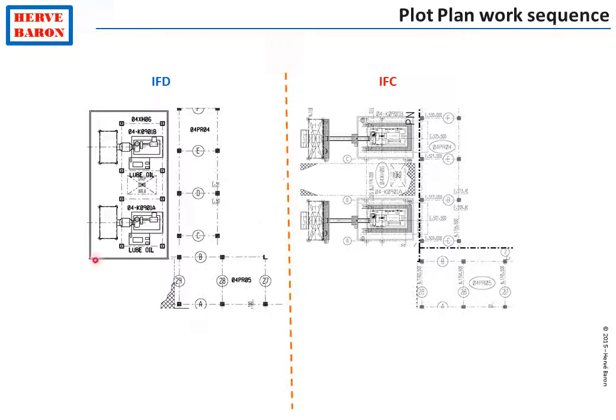This shows the dimensions that were thought to be that of air blowers at issued for design stage of the plot plan and what they finally were when the plot plan was issued for construction. You see that significant differences can appear between these two revisions of the plot plan.